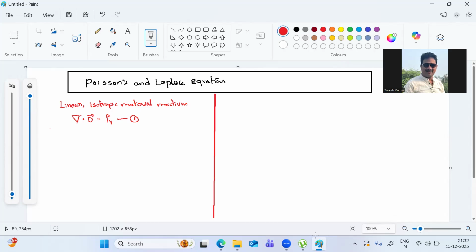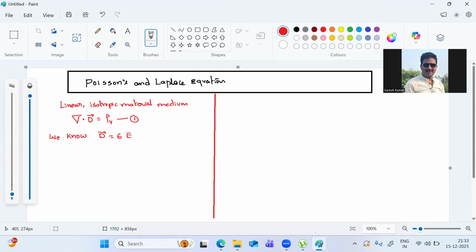Now, the differential form of Gauss law is del dot D bar is equal to rho v, which is equation 1. This can also be called as divergence of electric flux density is equal to volume charge density. We know D bar is equal to epsilon E bar.